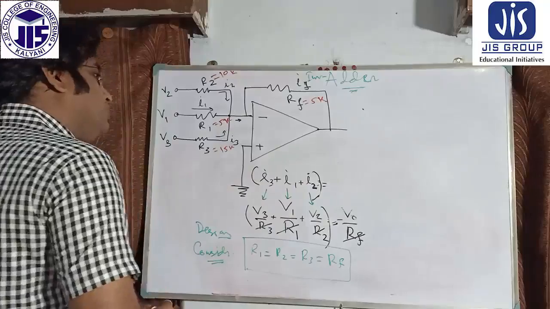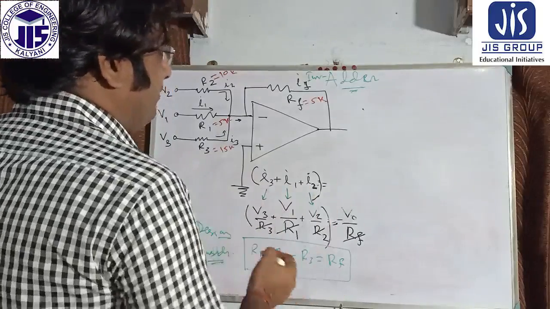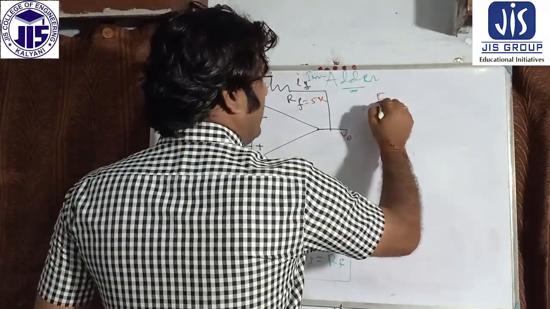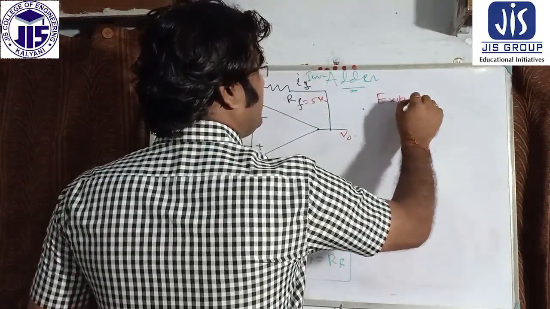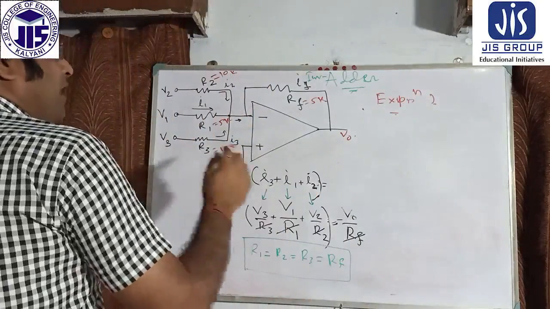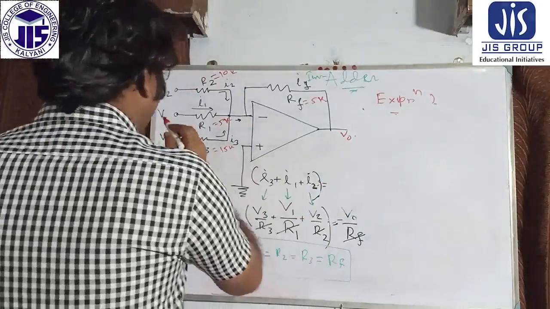Okay, so if this is V naught, then I am asking you what is the expression, what is the relation between V naught and V1, V2, V3.